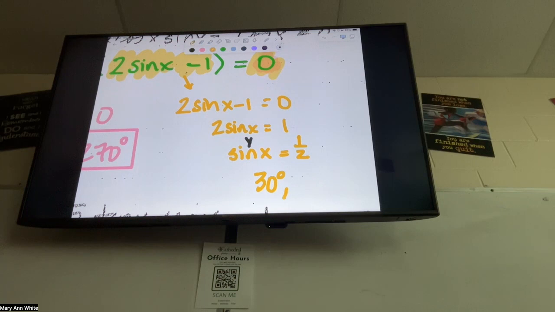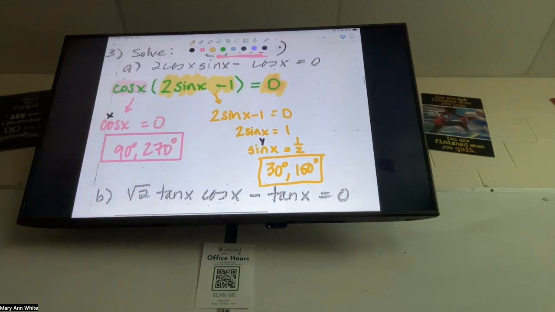What's my 30-degree angle in quadrant 2? 150. Good. So all 4 of those answers work. If I plugged in 90, 270, 30, and 150, I would get 0. That would all work out. Okay. A little bit tricky, but not too bad, right? Let's go do the next one.